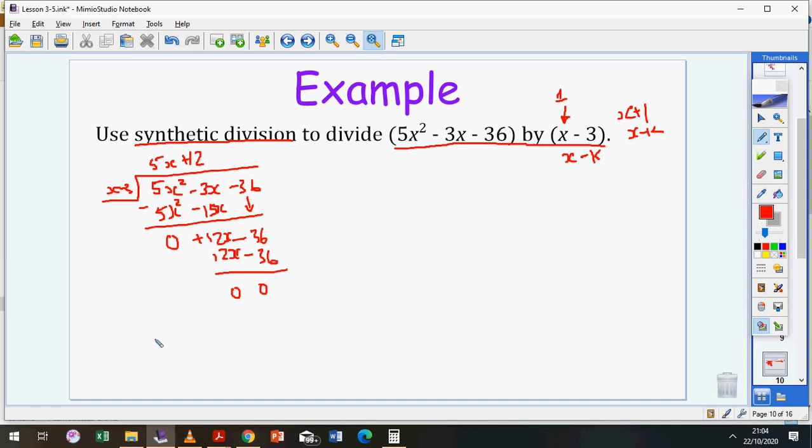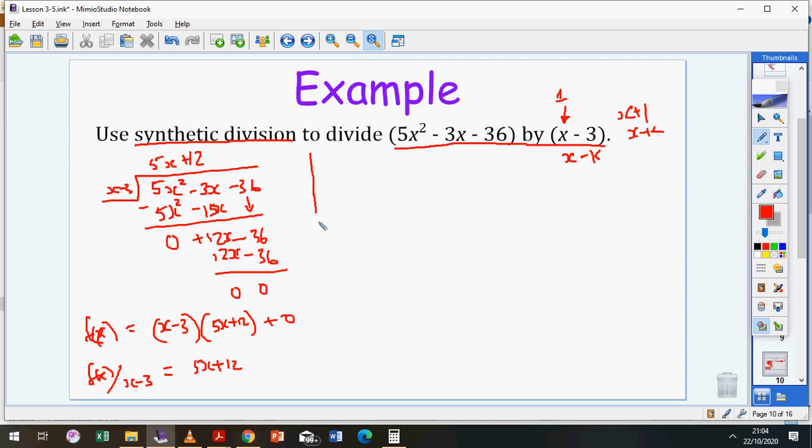And I can finally write that my polynomial f of x is the same thing as x minus 3 multiplied by 5x plus 12, since I have no remainder, plus 0. Or I can say f of x over the divisor x minus 3 is the same thing as 5x plus 12. So that's long division.